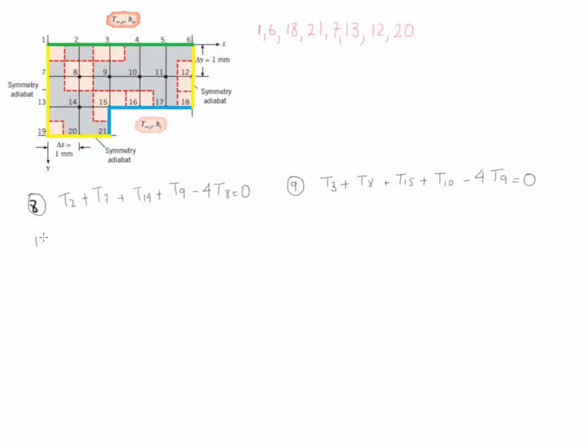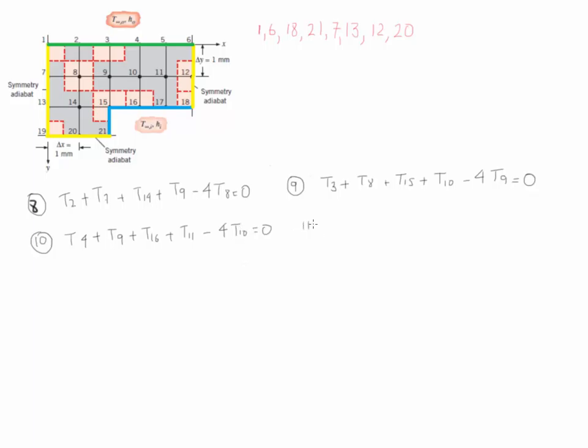The next node is number 10. The surrounding nodes are 4, 9, 16, and 11. So we write it as T4 plus T9 plus T16 plus T11 minus 4 times T10 is equal to 0.